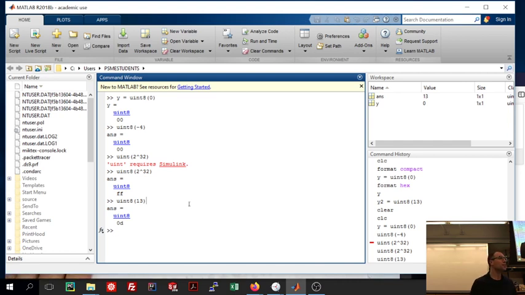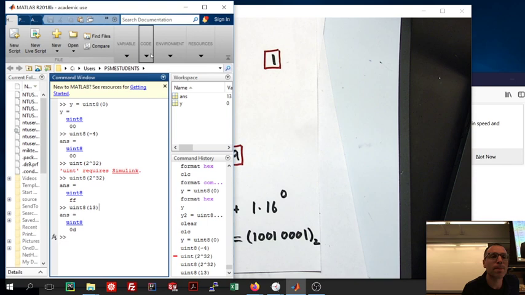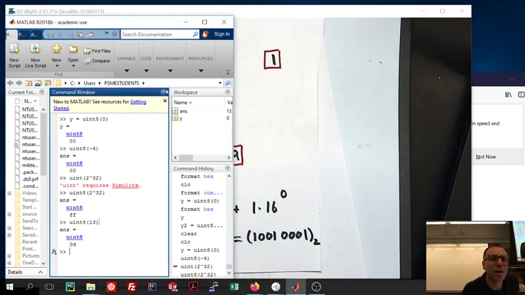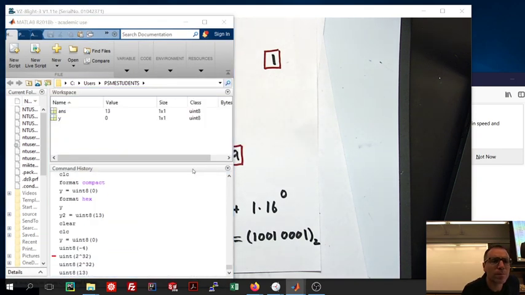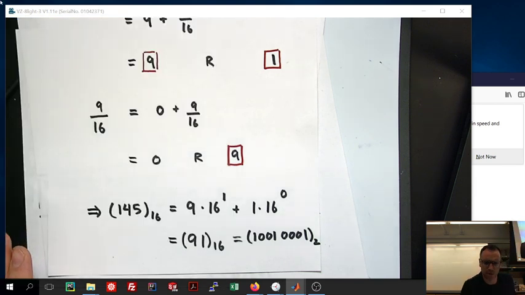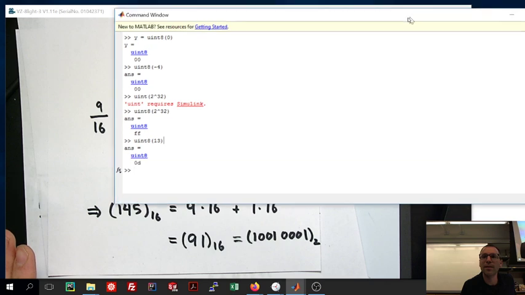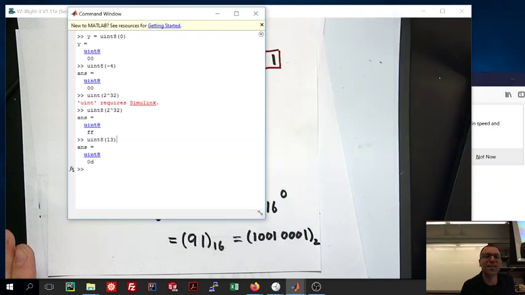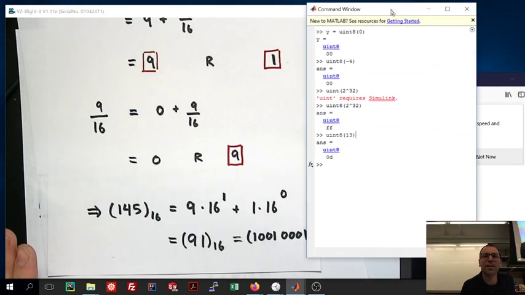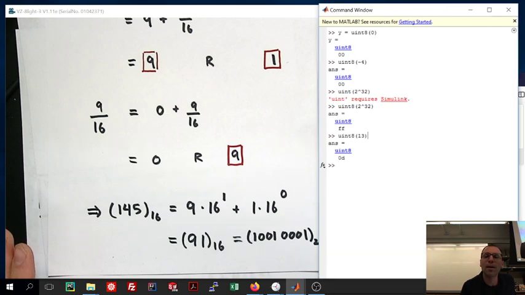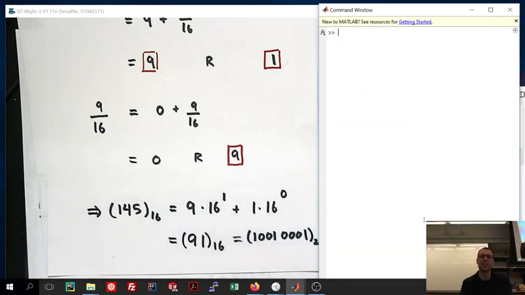Okay, so check this out. Let's undock this sucker. And then we'll minimize that. Okay, check this out. So let's CLC and let's clear.